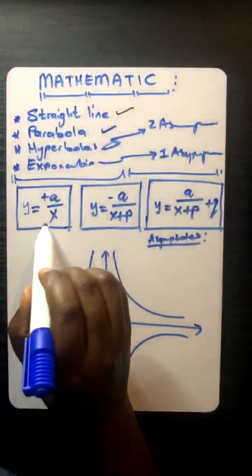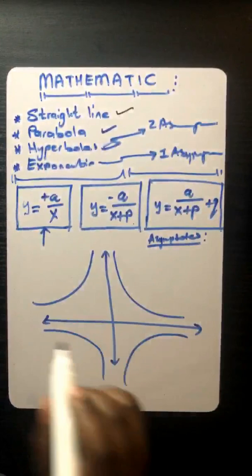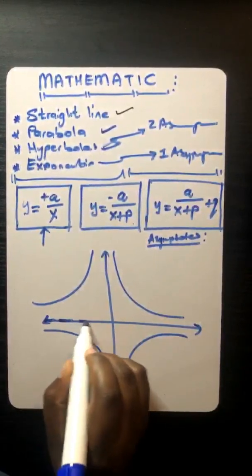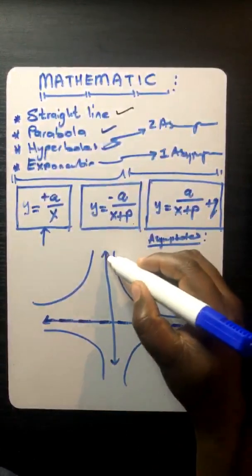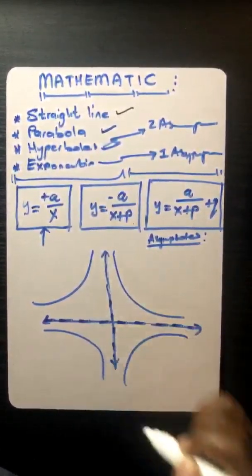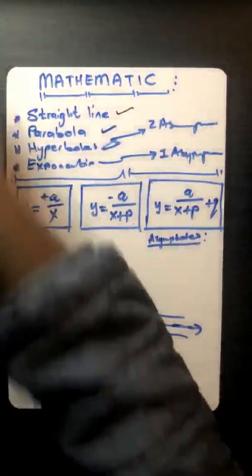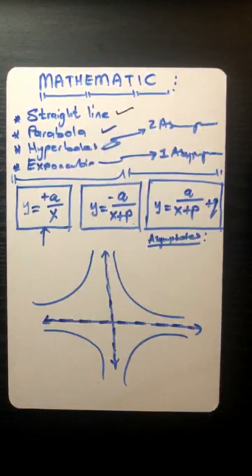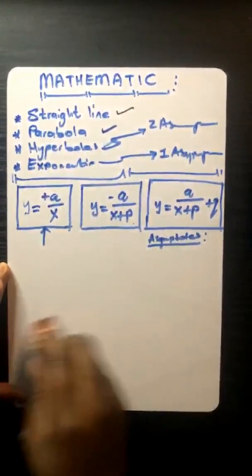At a baby stage, you have your asymptotes inside, ladies and gentlemen, on your x axis and y axis. The shortest way to explain asymptotes is this.